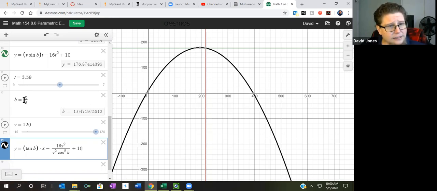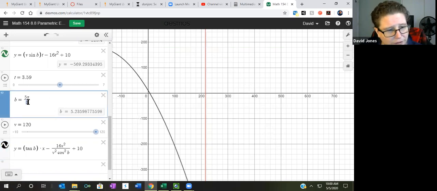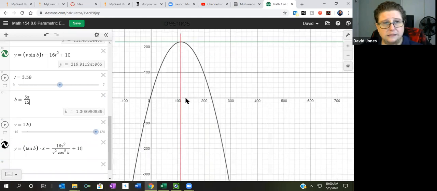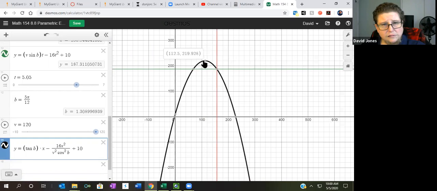And 75 degrees is 5 pi over 12. So I don't go very far, but I go up really high.